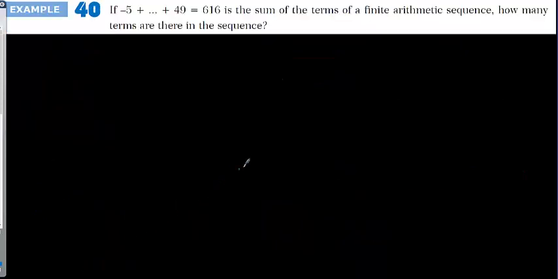Okay, the next one. Now here we have the sequence. This is the first term, this is the nth term, we don't know which term it is, and the sum is equal to 616. So find how many terms there are in the sequence. We are going to find the number n here, and the Sn formula is Sn equal to (A1 plus An) over 2 times n.